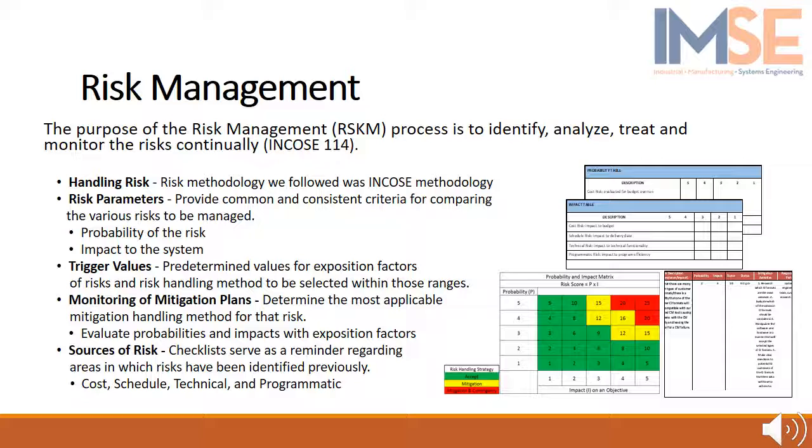Our team used this process to identify, analyze, treat, and monitor the risk to our system continually. We documented our risk management strategy using several factors and templates to accomplish: deciding how to handle risk, defining risk parameters, setting trigger values, monitoring mitigation plans, and identifying sources of risk by cost, schedule, technical, and programmatic factors.